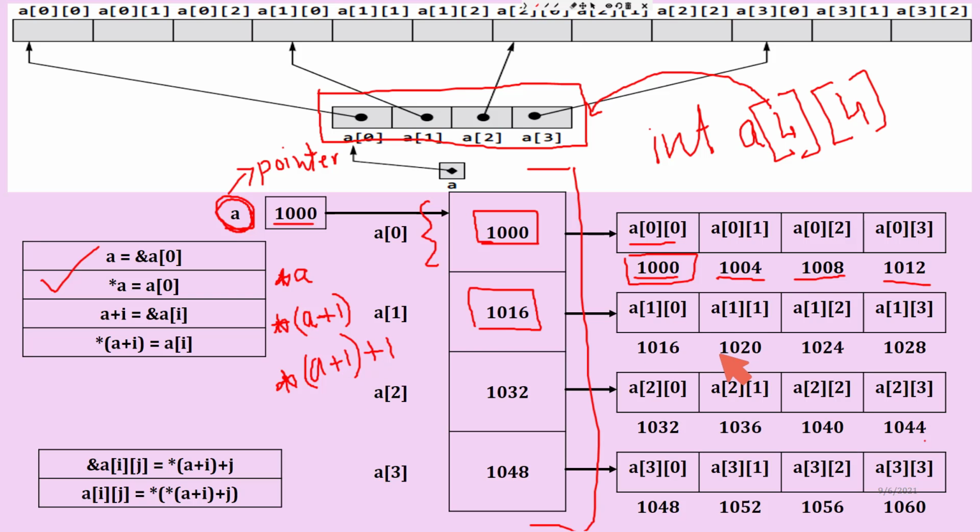Very good. It is actually pointing to this 1020, which is the address of A11. So this is equivalent to ampersand of A of 11.